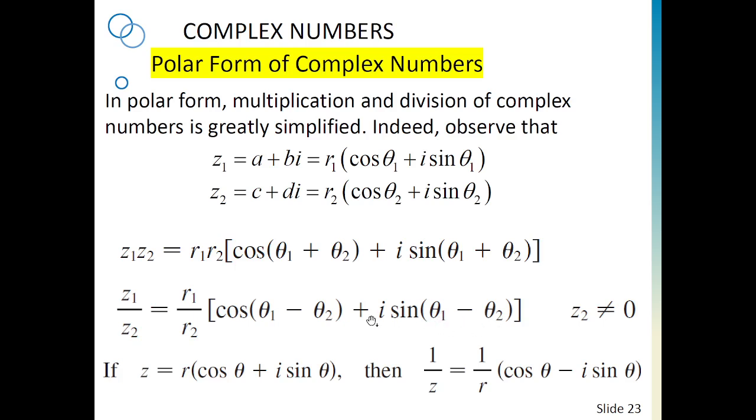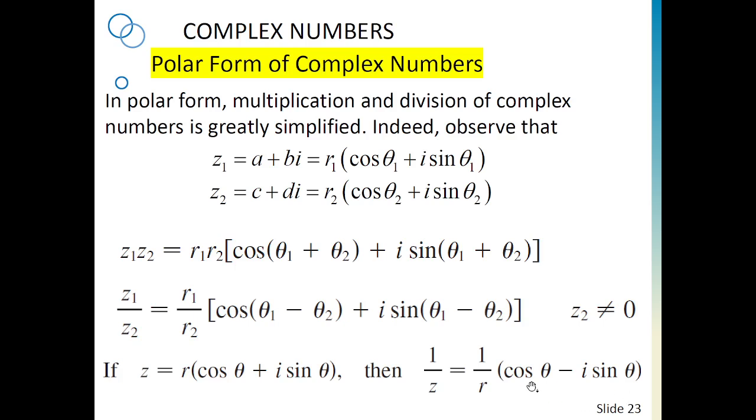That's interesting. This is much faster than doing the procedure as we would normally do using the conjugate. Again, 1 over z, we can do it step by step, but it's just this with the minus here and 1 over r.